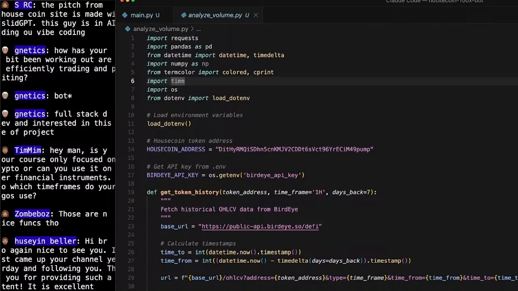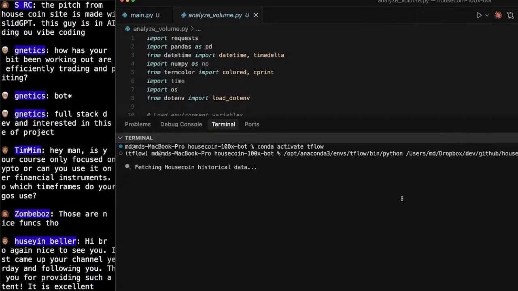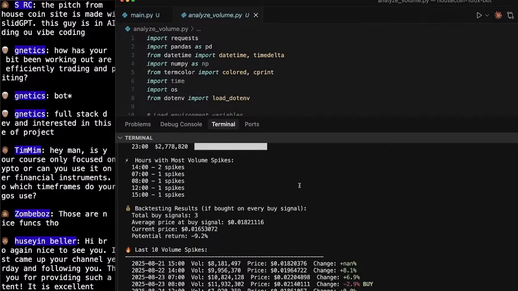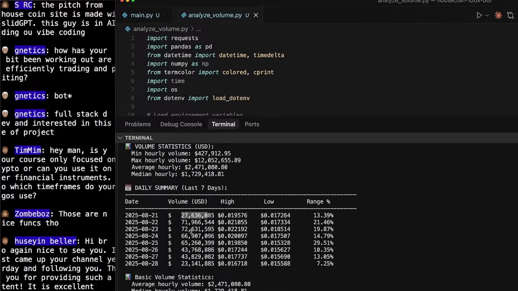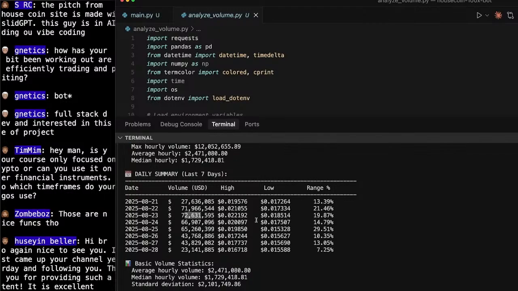Now something's off. Maybe the volume is shown in token. This is 4 hours. Okay, fetching historical. See the high volume is not correct because 27 million. No way.